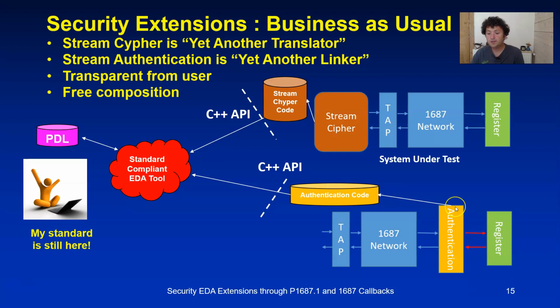Similarly, your authentication step is just a particularly complex Scan Mux, so a particular linker, which you can describe in terms of the API and provide to your tool, which means that everything is completely transparent to the user, who is not seeing all the complex security parts behind it, and is able to use all the features of the standard that are provided by the tool.